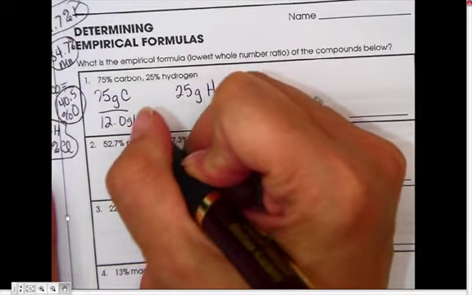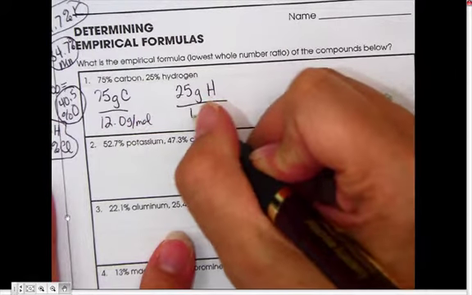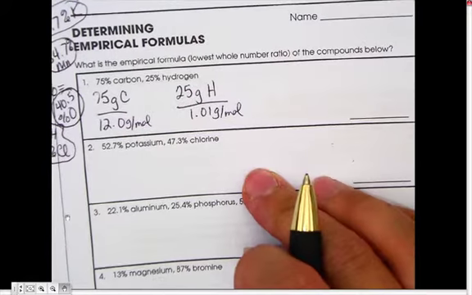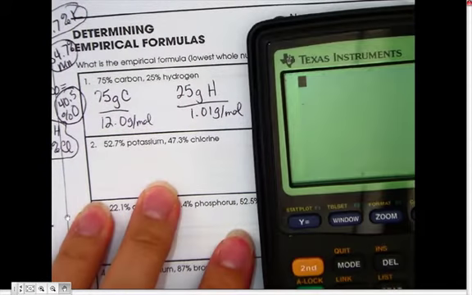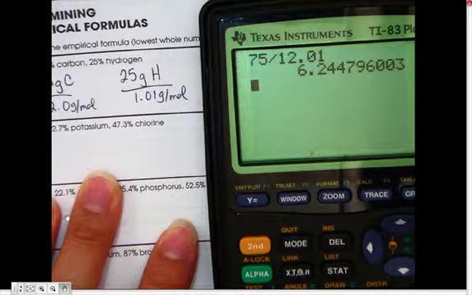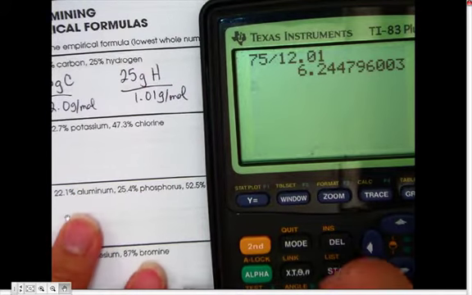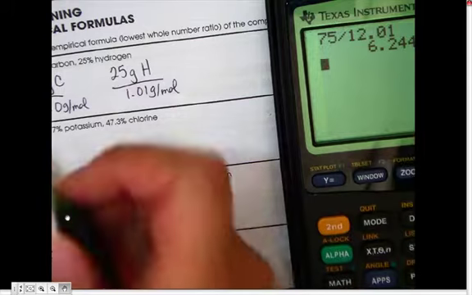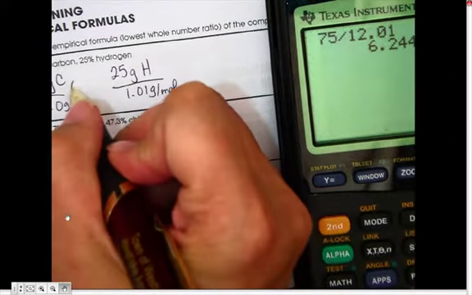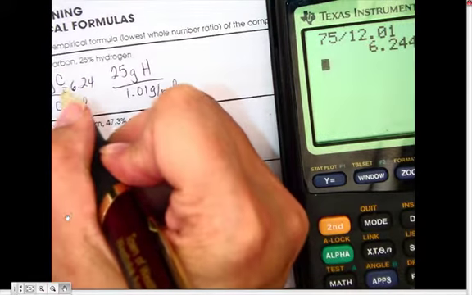Next, I need to change from mass to moles. So I'm going to divide by the molar mass of both: 12.0 grams per mole for carbon, 1.01 grams per mole for hydrogen. 75 divided by 12.01 is 6.24 if I use 3 sig figs for now, because you'll see it won't matter.